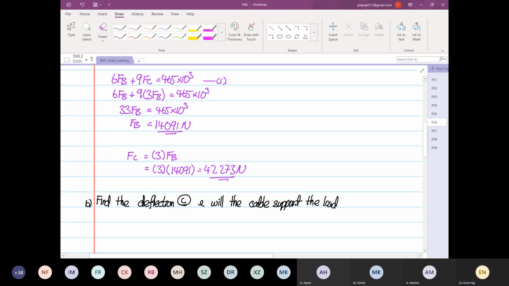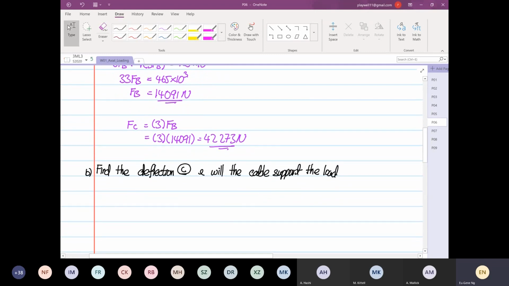Okay. So now we're going to use equation number 4 to find the deflection of point C.